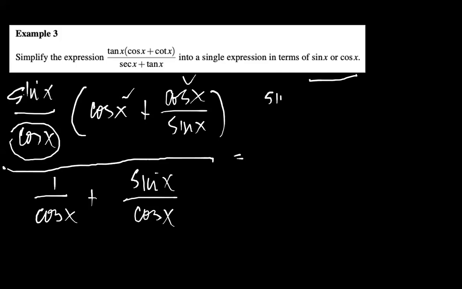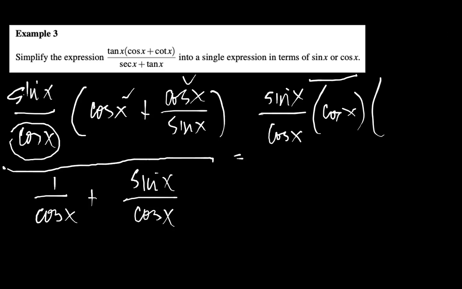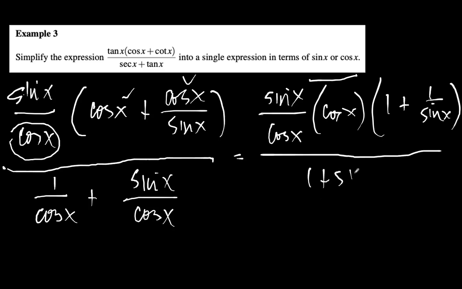So this becomes sine x over cosine x times cosine x times, I know someone will make a mistake in the factoring. So this becomes 1 over sine x. Right? Okay, all over 1 plus sine x over cosine x. That's your algebra, okay. So I can simplify this one. There, I have simplified it.